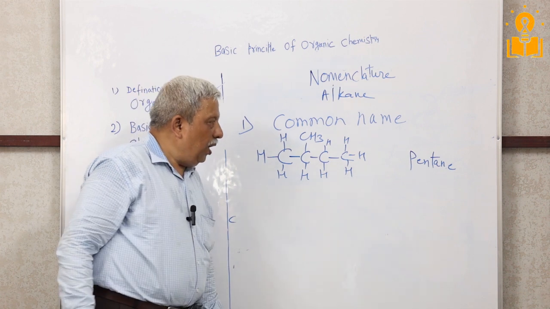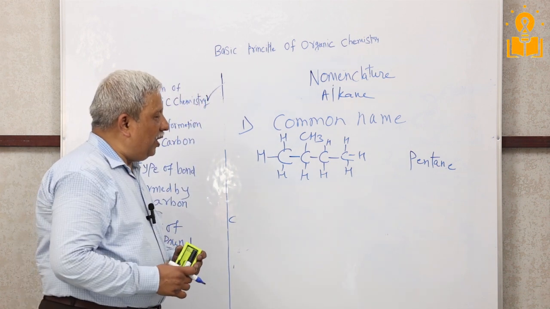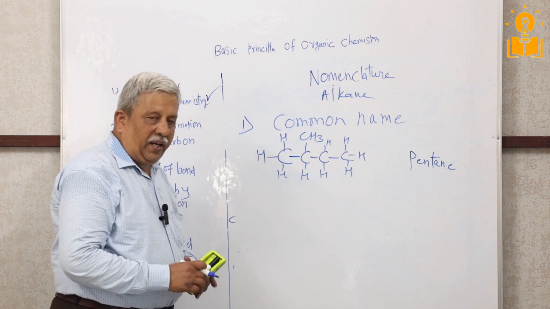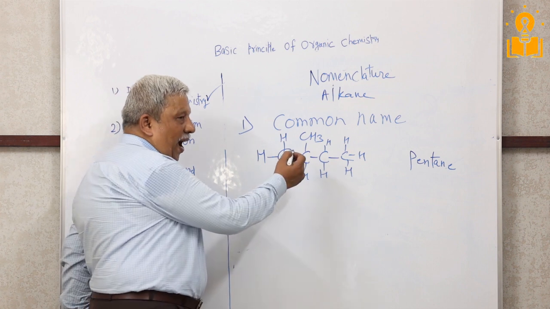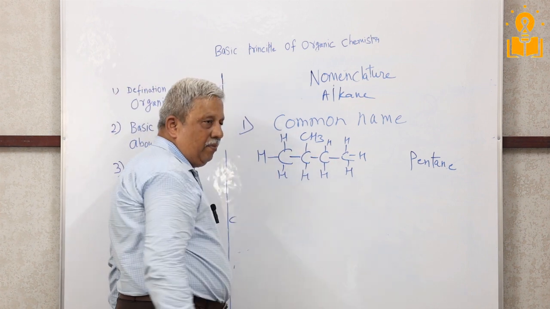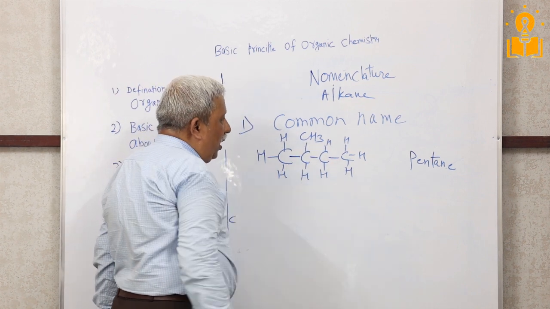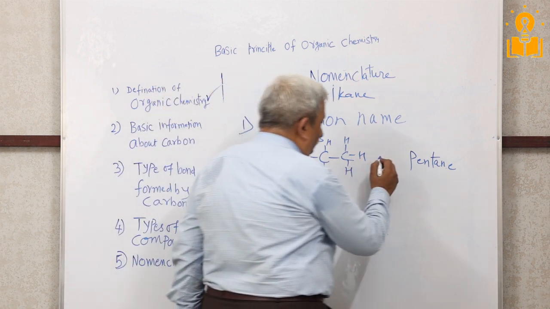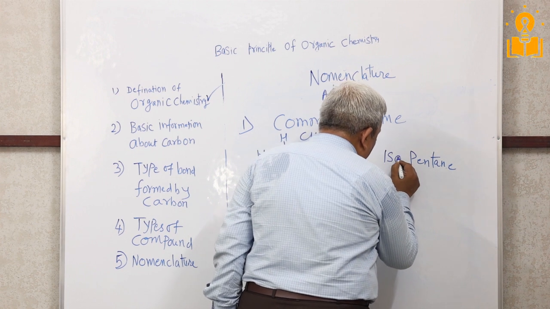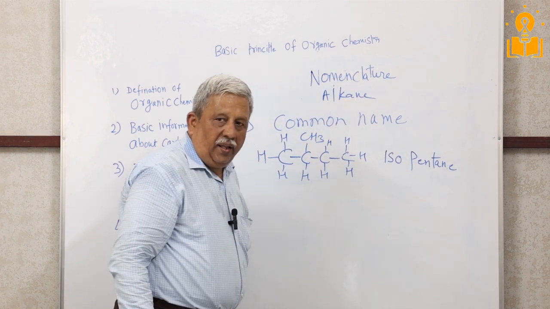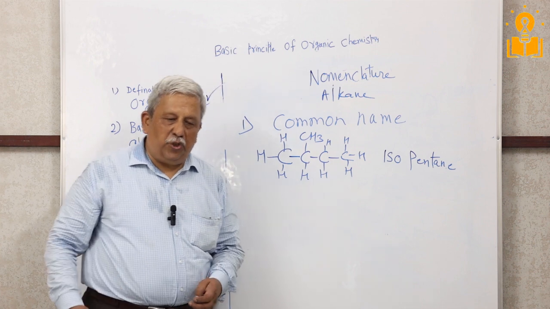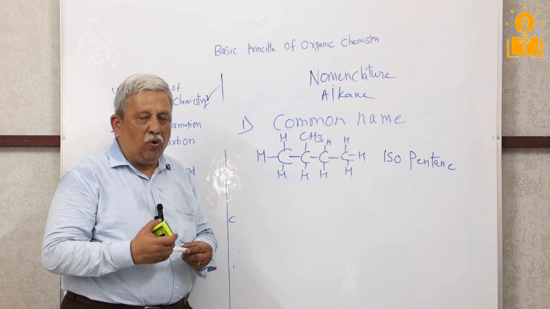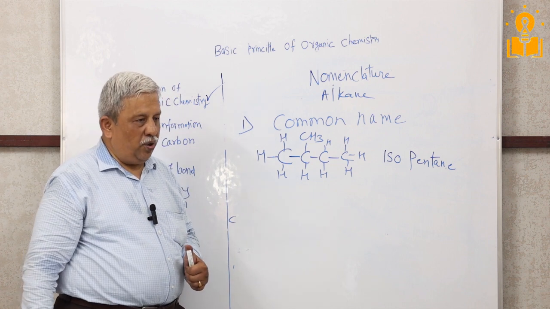Now, while giving the name, it is not normal pentane, because here at the second carbon atom there is a side chain, we have one CH3 group. So it is called isopentane. That means when the substituent or functional group is present at the second carbon, on one side, then it is called iso.